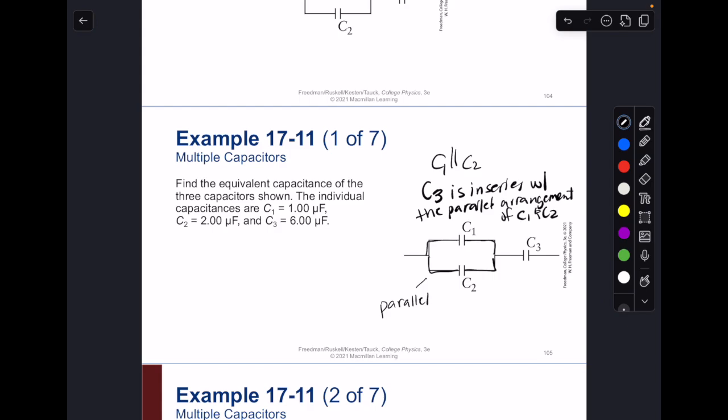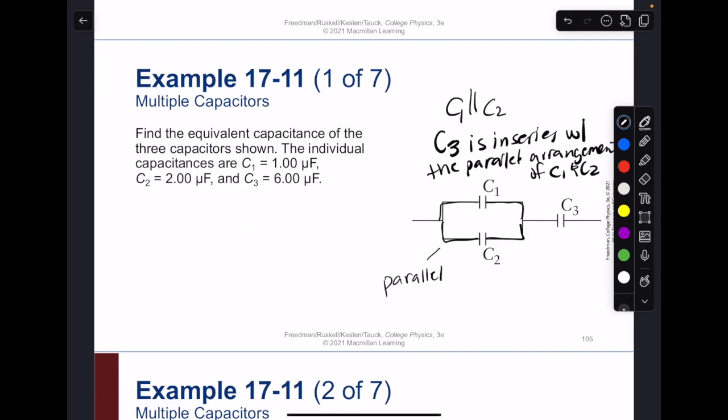So what do we call this parallel arrangement of C1 and C2? Well, it's the equivalent capacitance of C1 and C2. So maybe we should find the parallel first, figure out what that equivalent capacitance is, and then call that C12, and then find out how C12 and C3 are connected. Okay? So we're going to do it in 2 steps.